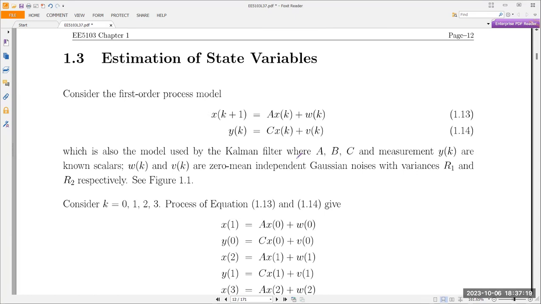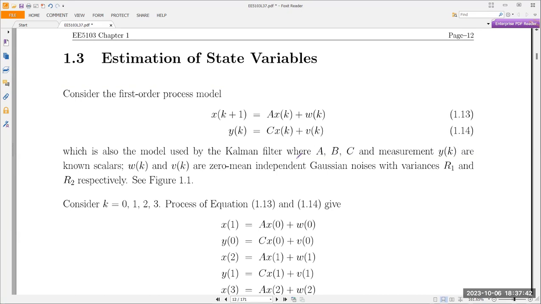Now the basic maths part is there already. So now we will start to apply to the control or signal processing.